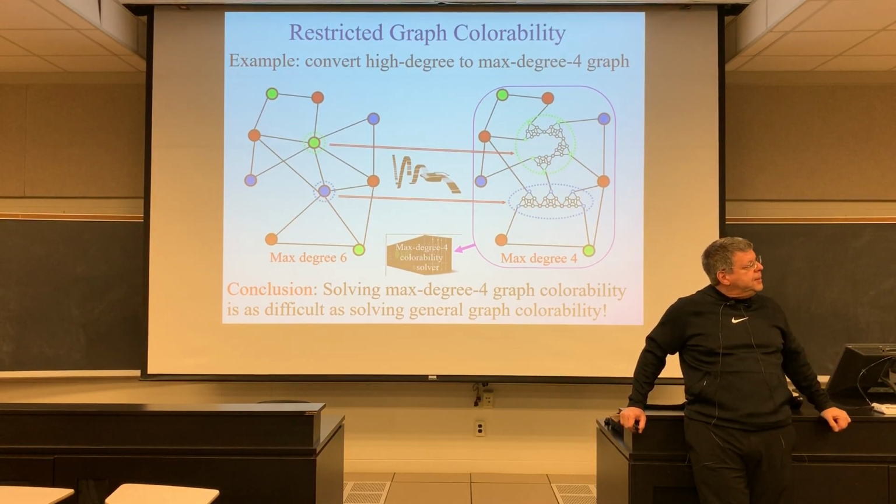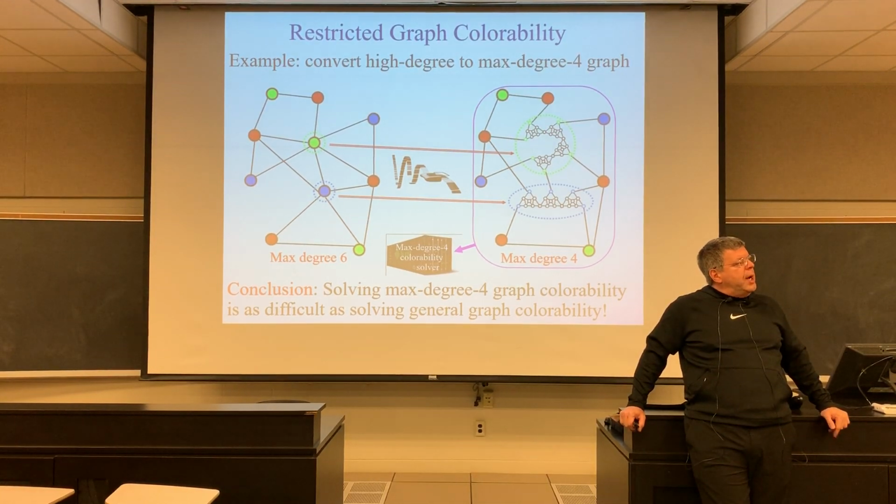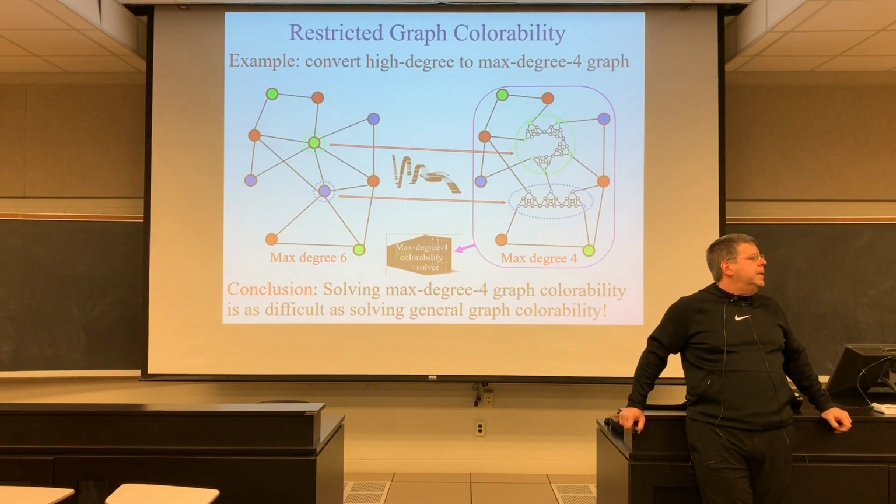A triangle is a max degree 2 graph, but it's not 2-colorable, but it is 3-colorable. It requires a third color because it's an odd cycle.